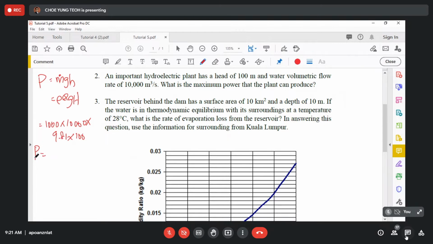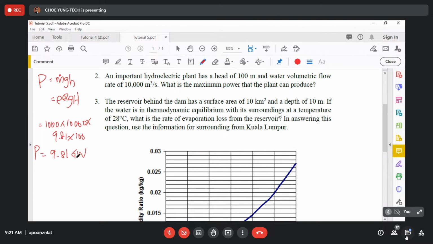Actually, to develop a hydroelectric plant, what you need to calculate mainly is to develop the dam. But that is not part of our study because it will be very complicated and more on the civil engineering. Okay, 9.81 gigawatt.